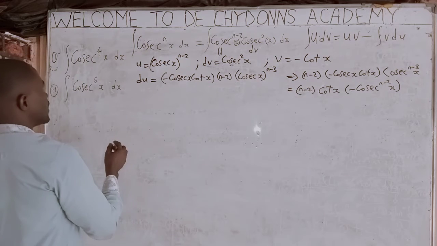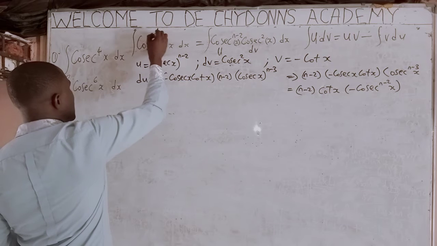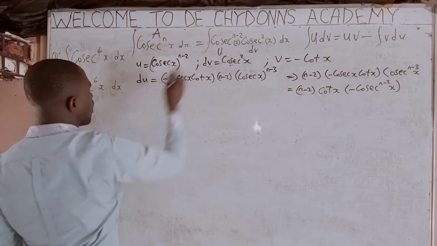What we now do is we call everything here A, and say it is equal to this.